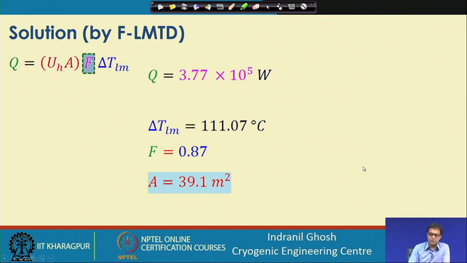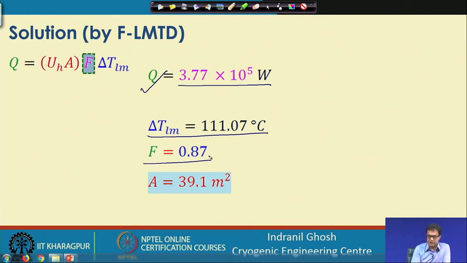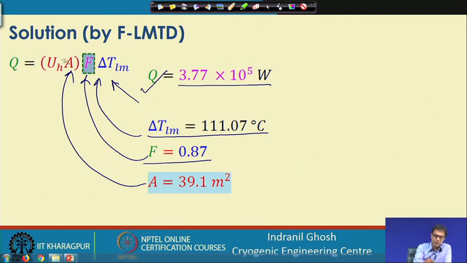We now have almost all the parameters known. We know Q, the amount of heat getting transferred. We already have the delta T log mean temperature, and we have the correction factor F. If we put all these parameters in this equation, we can calculate the area, because we already have the overall heat transfer coefficient UH equals 100 watt per meter square Kelvin, which is also given.